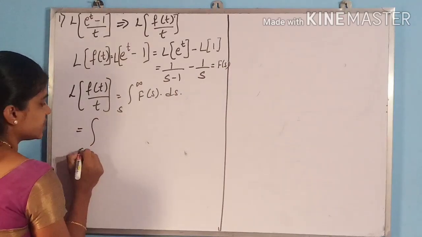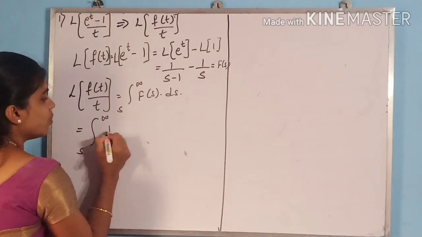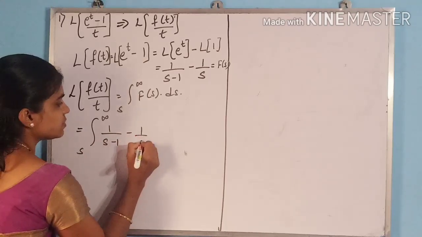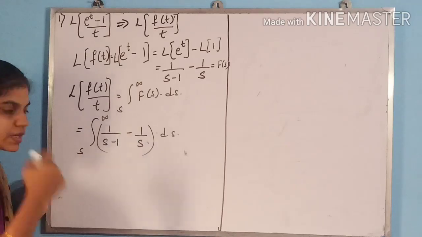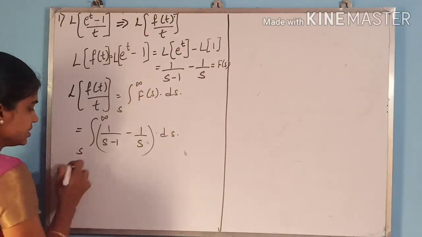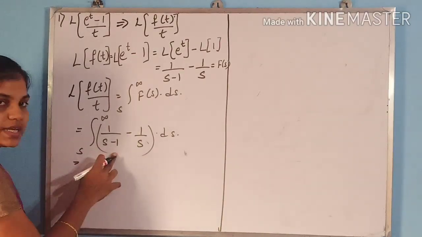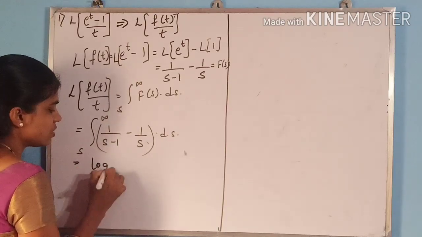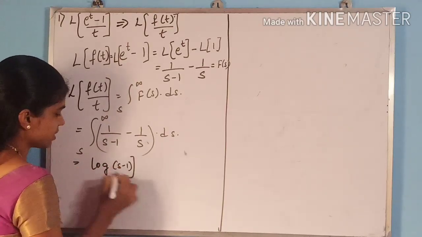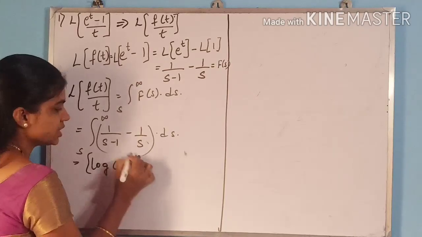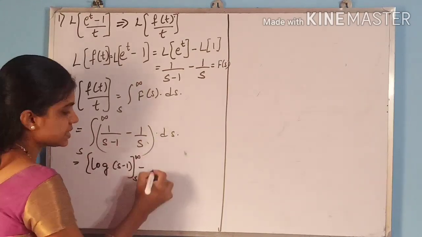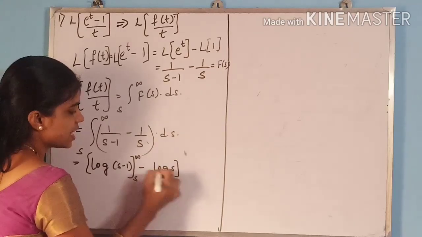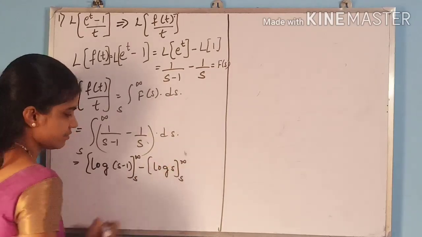So we have integration s to infinity of 1 by s minus 1 minus 1 by s into ds. When we integrate this, integration of 1 by s minus 1 is log of s minus 1. I apply the limits s to infinity. Similarly, minus integration of 1 by s is log s. Apply the limits s to infinity.